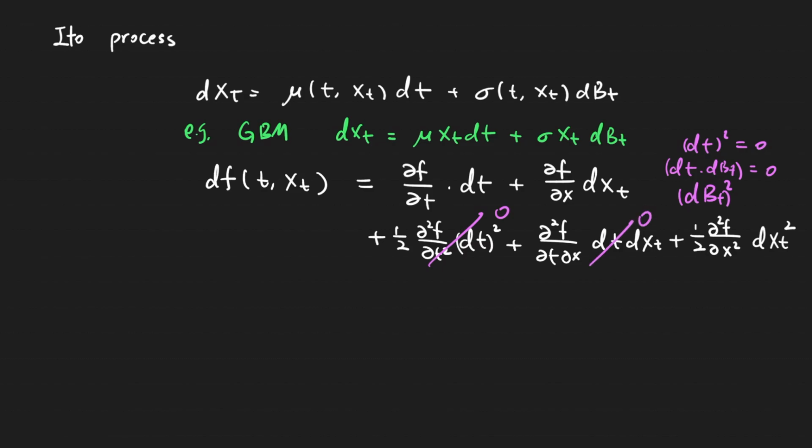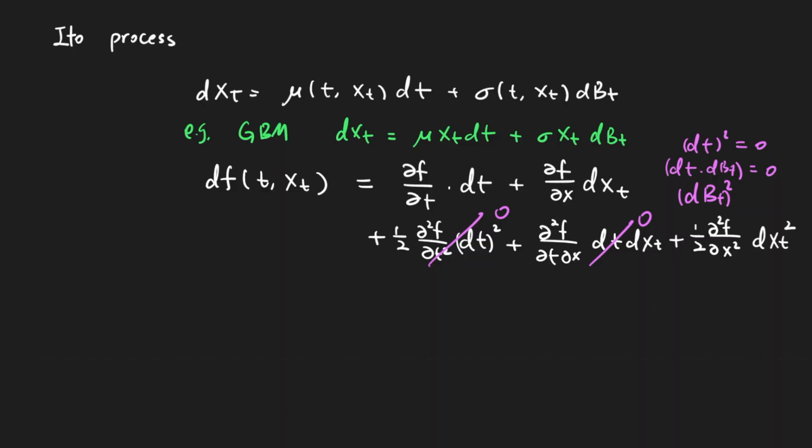If we just swap out the dxt with the Ito process, we don't see the dbt squared in the first two, but for the third one, we'll see the dbt squared. Okay, so let's just expand it out.